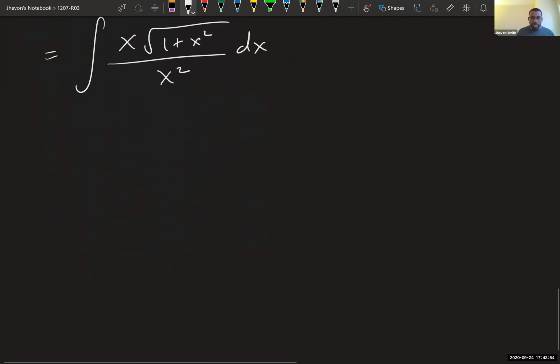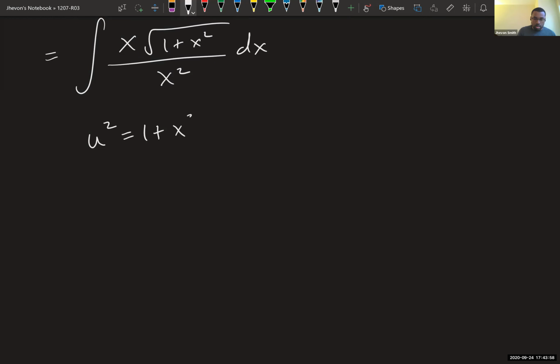Then we could have done something like a u squared substitution. So you would end up with 2u du is equal to 2x dx. And so your u du is equal to x dx.